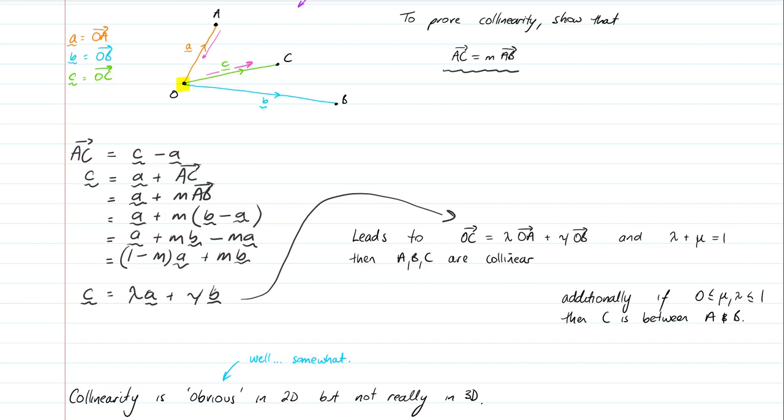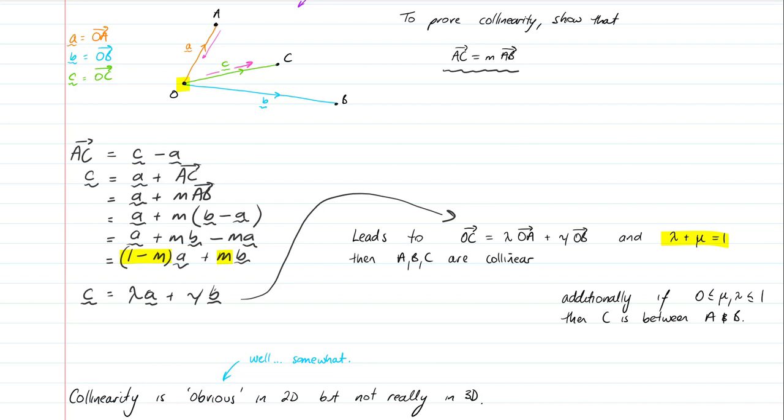We also have this part of the result, that lambda and gamma have to add to give 1, because of course lambda is equal to 1 minus m and gamma is equal to m. So 1 minus m plus m is equal to 1. And if that's true, then A, B and C are collinear.